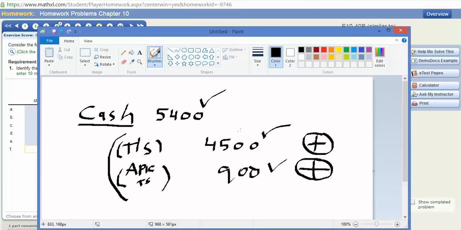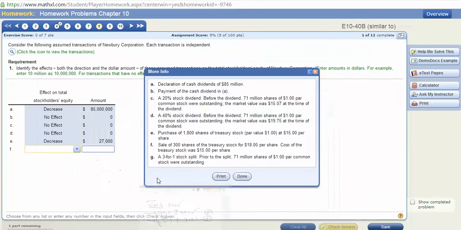It's debits to treasury stock that lower stockholders' equity, like when you buy some treasury stock and retire stock, you credit cash and debit treasury stock. This is not a debit. This is a credit, so this makes stockholders' equity go up. This is a credit, additional paid-in capital, which makes it go up. So the answer to what happens to stockholders' equity is it goes up $5,400.